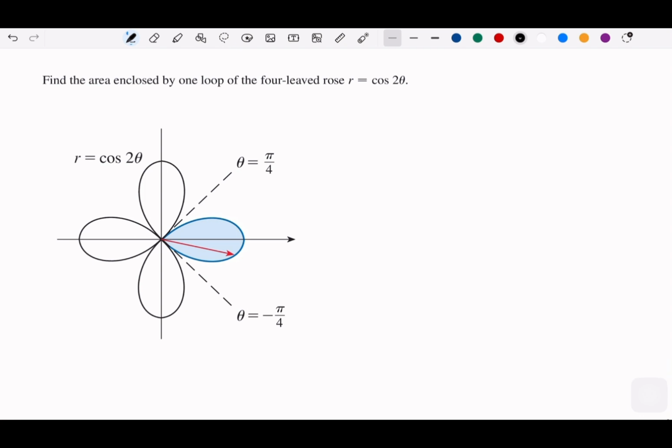Okay, now let's write down the formulation that we have.